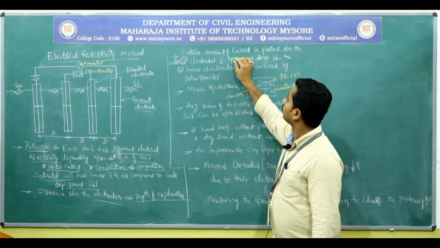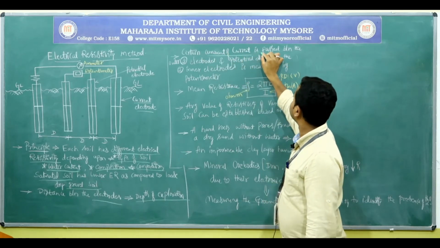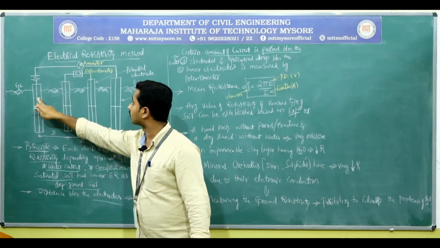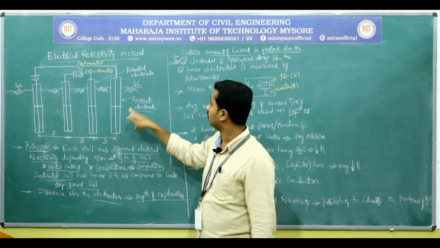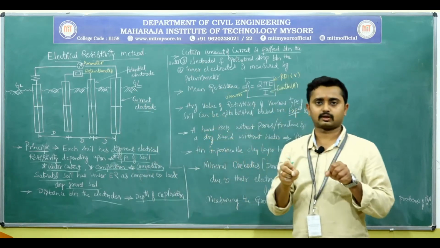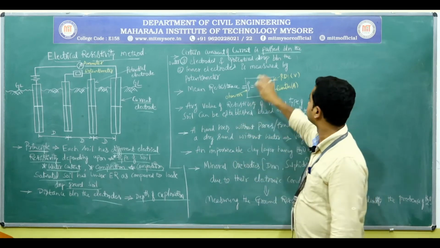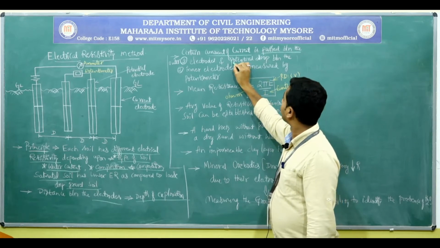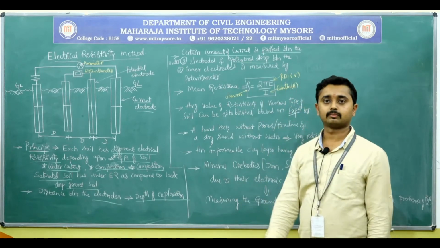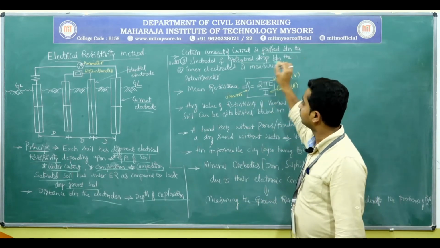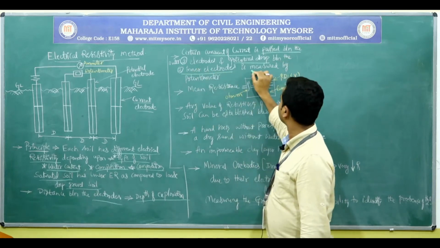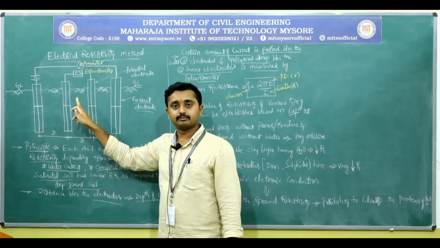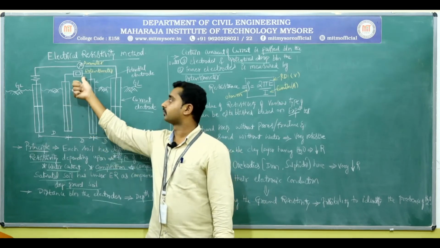A certain amount of current is passed between the two outer electrodes, this current electrode and this current electrode, and the potential drop between the two inner electrodes is measured by the potentiometer.